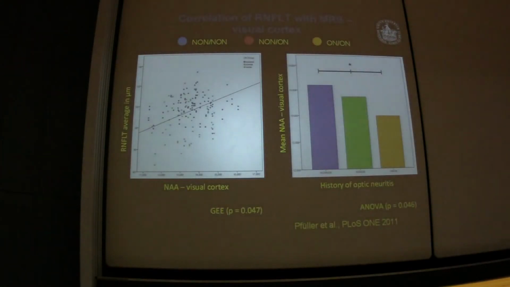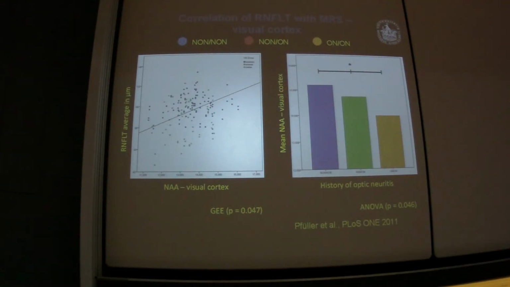Furthermore, we were also interested if there are metabolic parameters. If you remember, I just mentioned structural parameters so far, but we also looked at metabolic parameters, here in this case N-acetyl aspartate, a marker for neuroaxonal integrity.